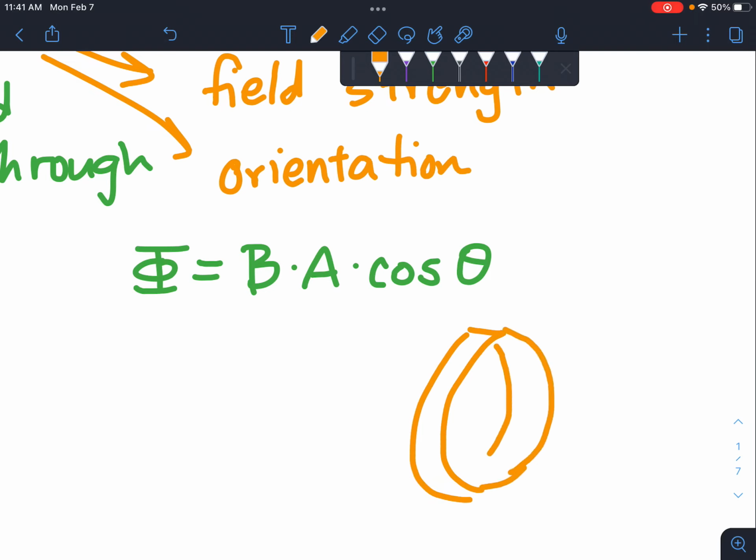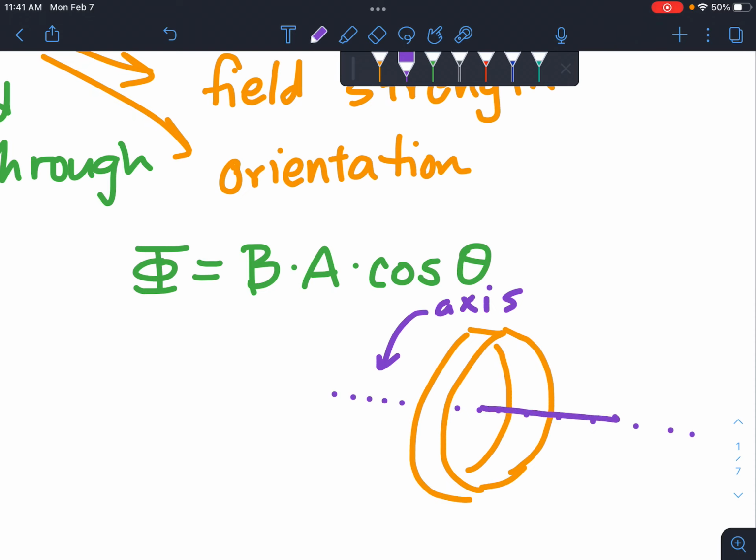If you had a ring, then the angle theta is going to be, let's draw, this is the primary axis of this ring. So imagine that's like the midline of the ring, the axis around which it rotates.